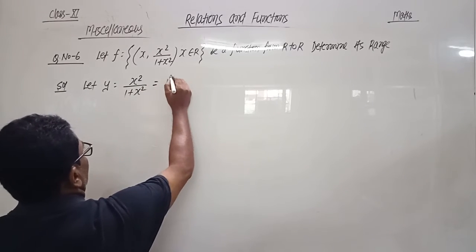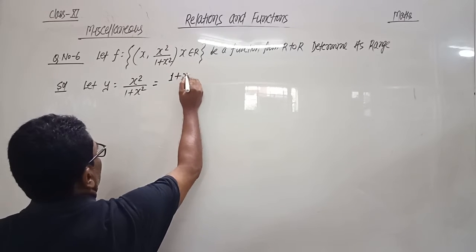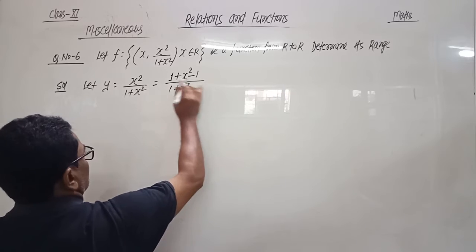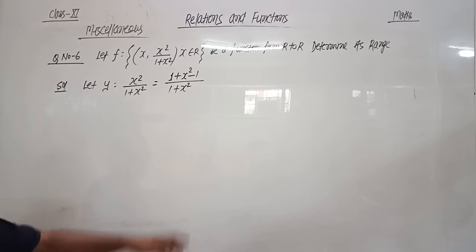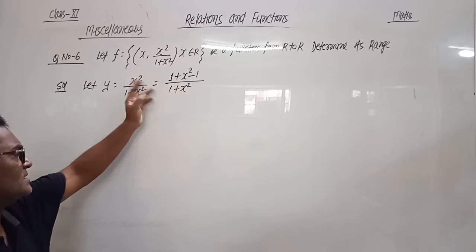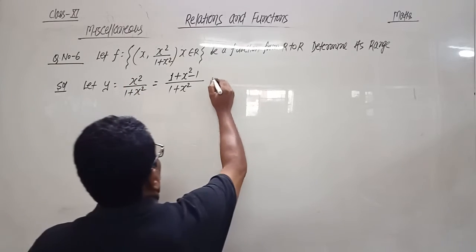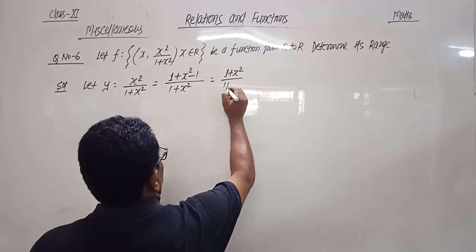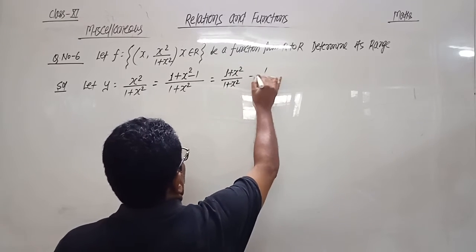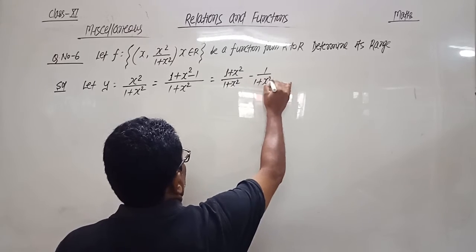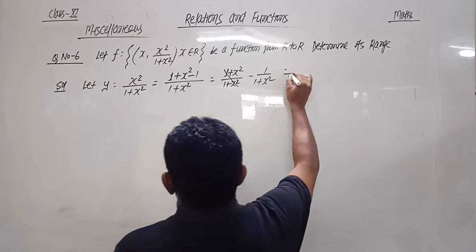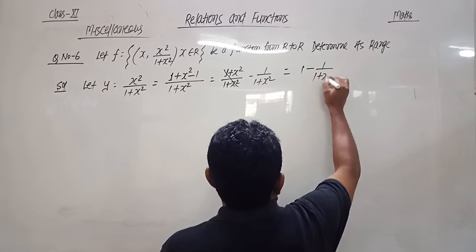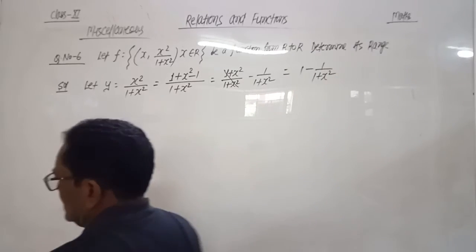We can write the numerator as 1 plus x squared minus 1, upon 1 plus x squared. We add 1 and subtract 1. Then we can write 1 plus x squared upon 1 plus x squared, minus 1 upon 1 plus x squared. The first part cancels, and y equals 1 minus 1 upon 1 plus x squared.